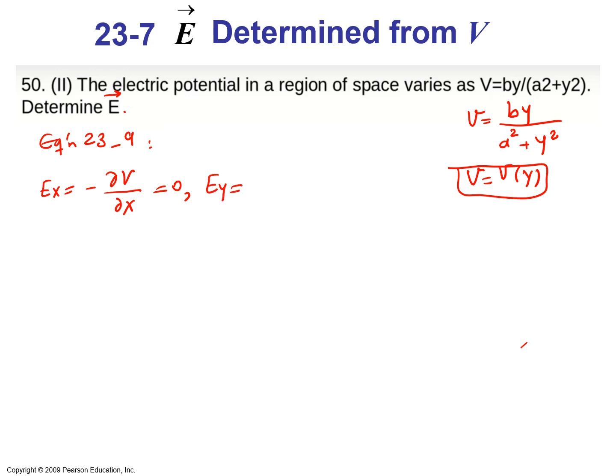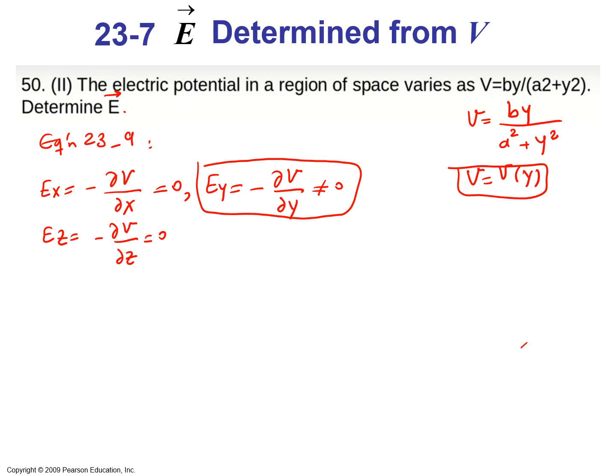Ey is equal to minus partial V partial Y, and we have some dependence, so it's non-zero. And Ez is minus partial V partial Z, and this is equal to 0. There's no Z dependence. So we only have Y dependence.